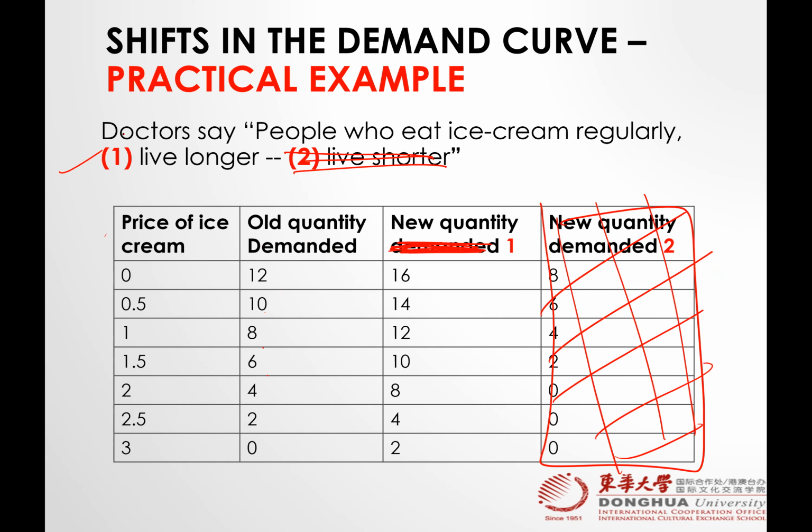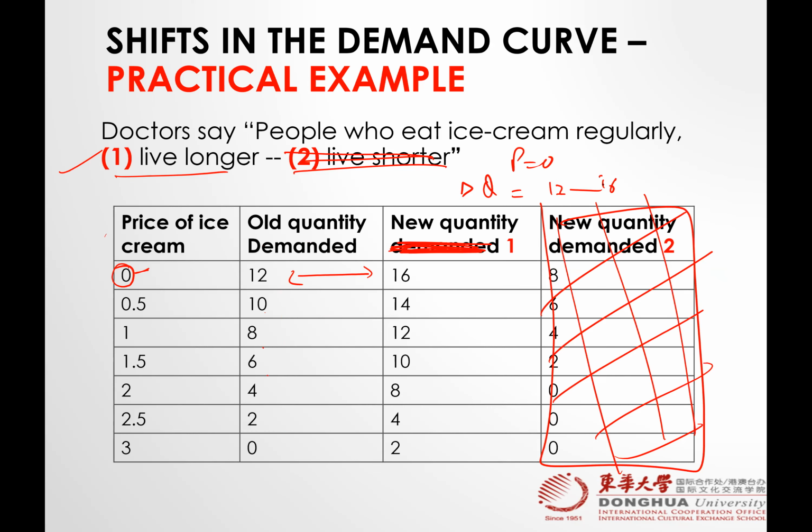Doctor says people who eat ice cream regularly live longer. So we are seeing that one. Price is not changed. Price is still 0, but there is a change in quantity demanded. So when price is 0, quantity demanded changes from 12 to 16.